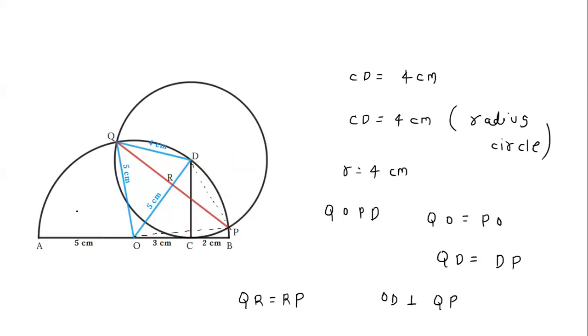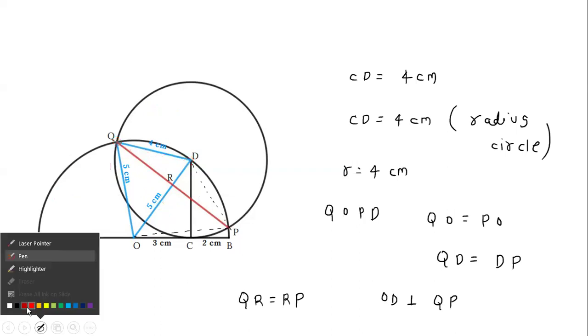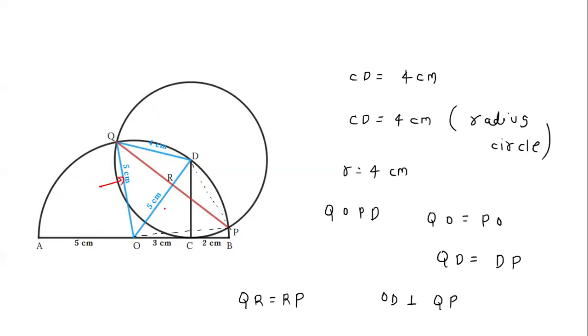Now we know the radius of this circle, and Q is also lying on this circle, so this distance is also equal to the radius. We calculated previously that OQ is the radius of the semicircle, which is 5, and OD is also 5. So now you see there is a triangle whose sides are 5, 5 and 4, and exactly its replica is here also.